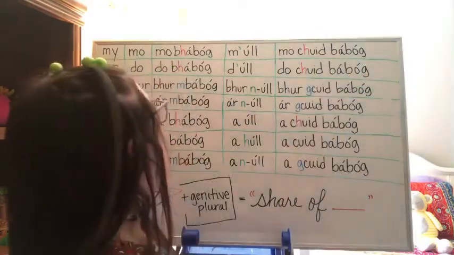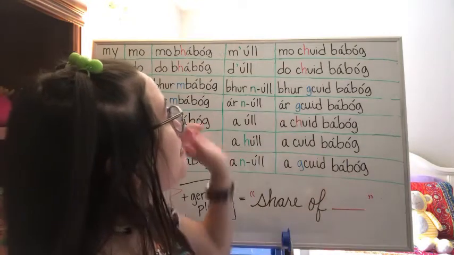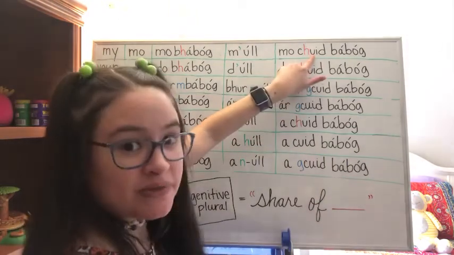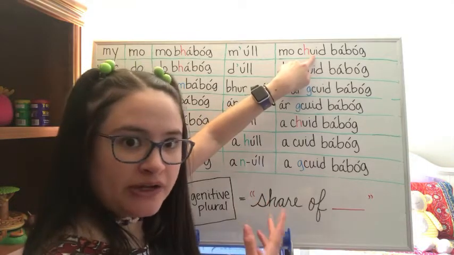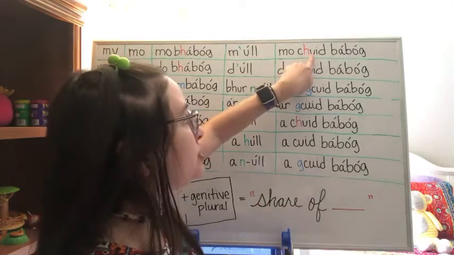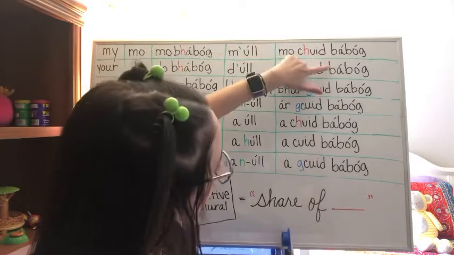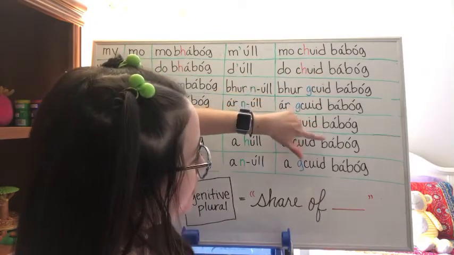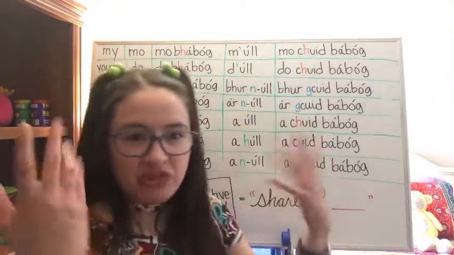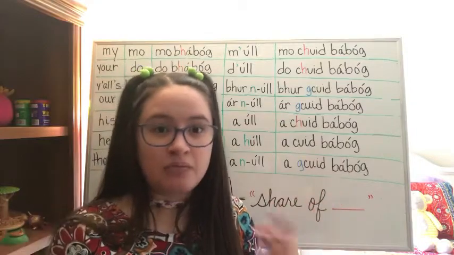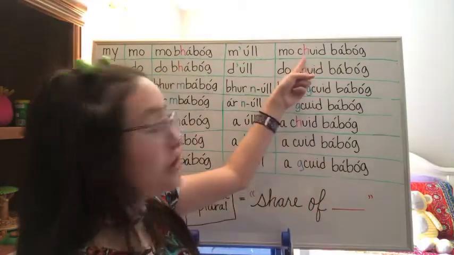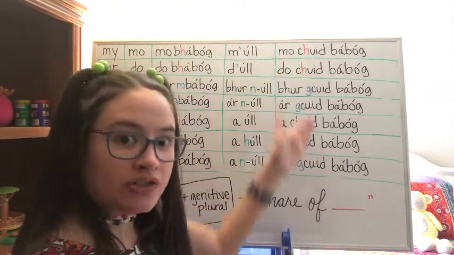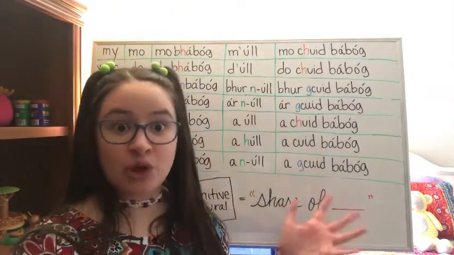So we need to make the thing we're actually possessing, share, undergo the lenition we talked about earlier. So it's mo chuid bábóg. Through all of these, the noun that we're thinking of as being possessed is not changed. Cuid is. That goes through all the same different forms.